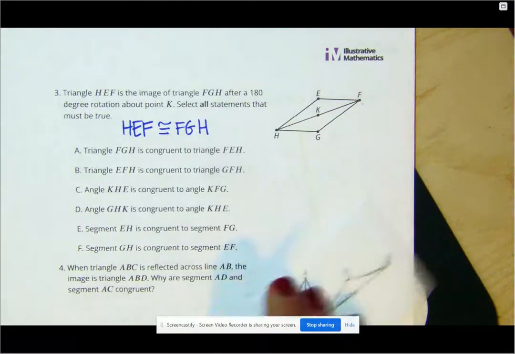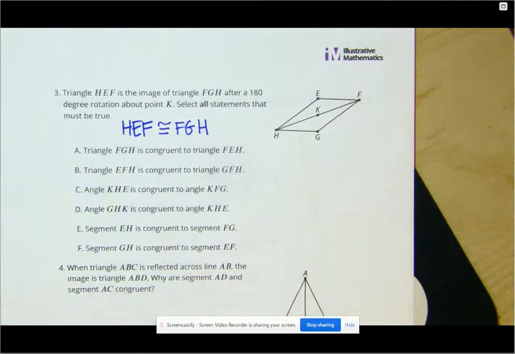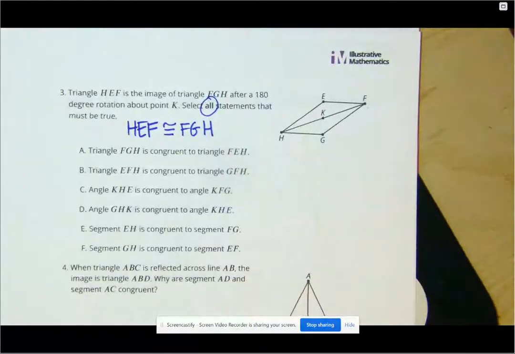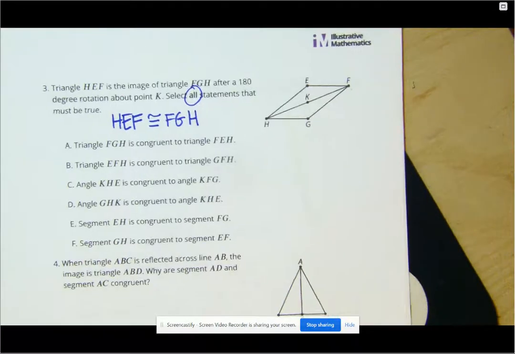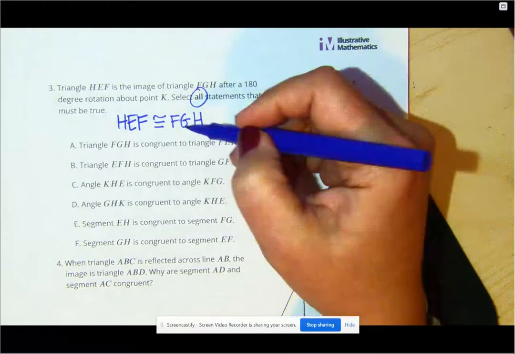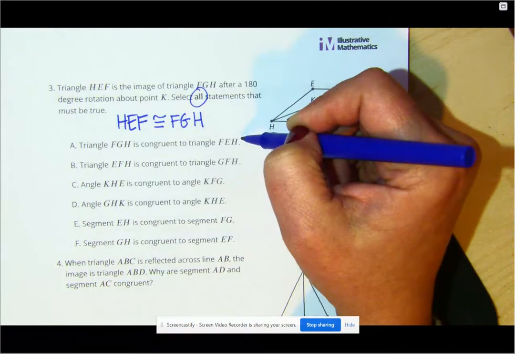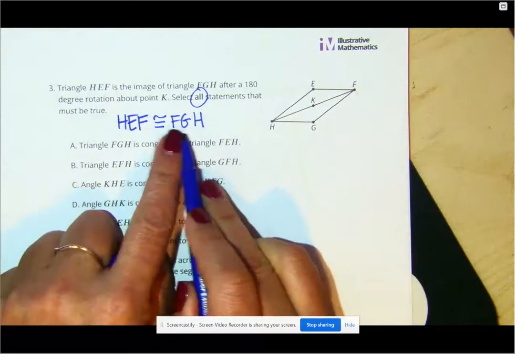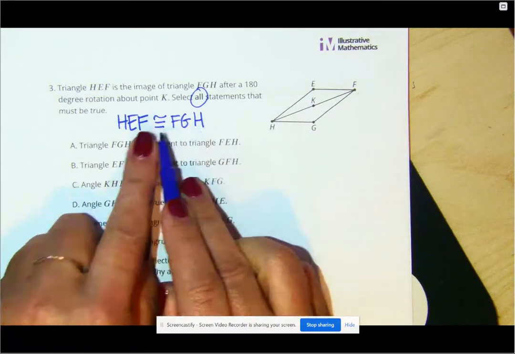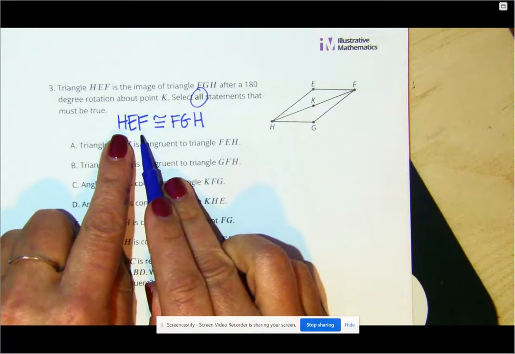Okay, so now just based on the way the letters are written, I'll be able to figure things out. So we're supposed to select all that apply. So let's try this. It says triangle FGH is congruent to triangle FEH. Okay, look, if they say FGH, then I got to go over here and go in the exact same order.